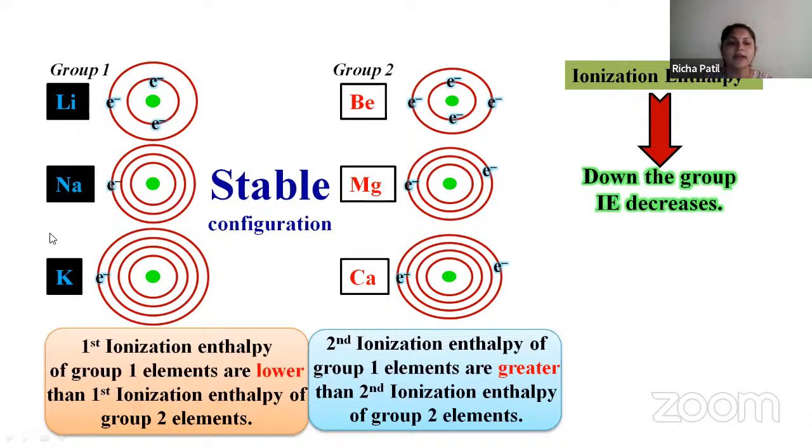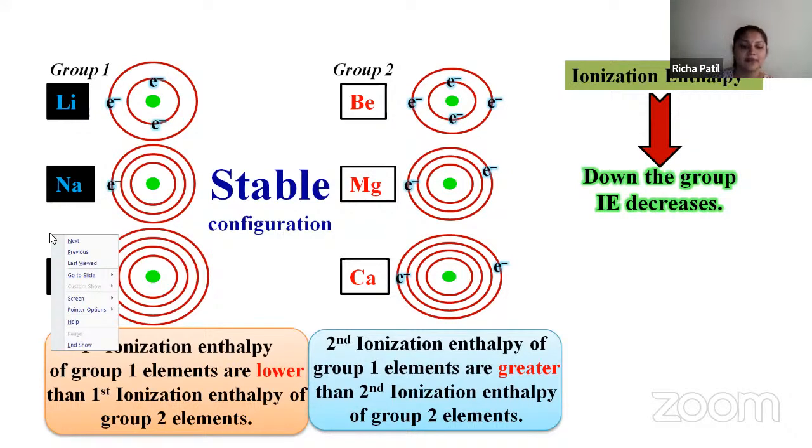So lithium's hydration enthalpy will be more as compared to sodium, then potassium, rubidium, cesium. Lithium will have the highest degree of hydration. The reason is that the hydration enthalpy of lithium is greater, so most of the salts of lithium are hydrated.